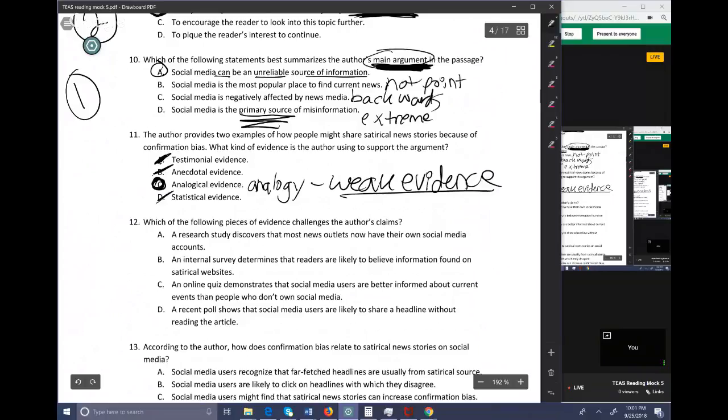So if you were ever creating a paper and there wasn't good evidence for something, or you were reading something that someone had created and there was really bad evidence in place and there was nothing good to back something up, that's the kind of evidence that you would be citing it as. So in this case, that is the answer that they have in place. So that one would be analogical evidence.